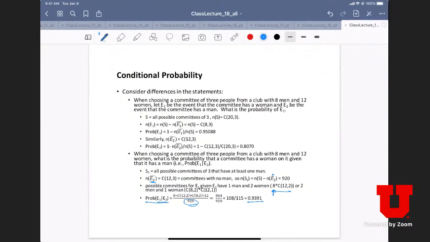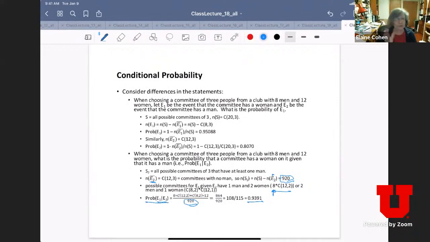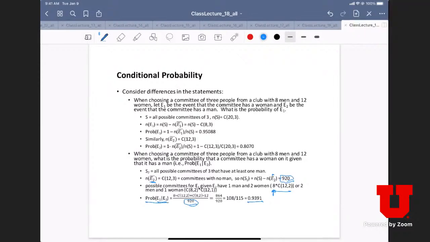Right, that's my question. Like in this problem, that's the 920. That's my sample space. I'm given there's at least 1 man. So there could be all men. There could be 2 men out of 3 people. There could be 1 man and 2 women. Those are my only possibilities. Okay, so it is possible that there are no women in the committee?